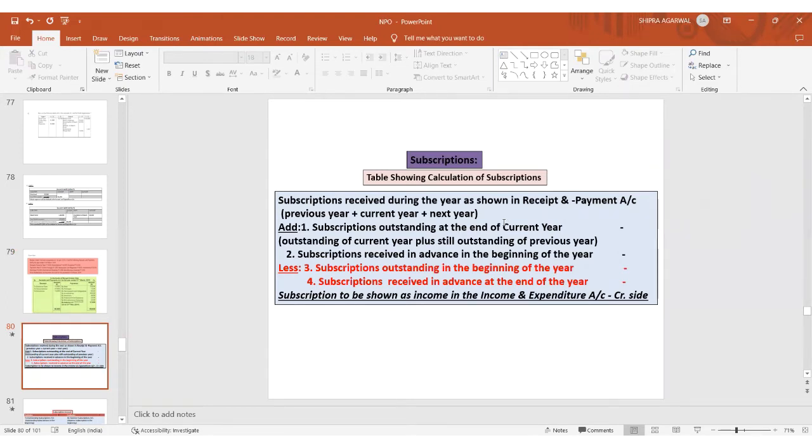Whatever you have received in the current year, whether it belongs to the previous year, current year, or next year, whatever, if you have received it in the current year, that will be shown in your receipts and payments account. And there are certain adjustments that are required to calculate the figure of subscription that is to be shown in the income and expenditure account. For that matter, whatever is the amount of subscription that you have received in the current year, that will be shown over here.